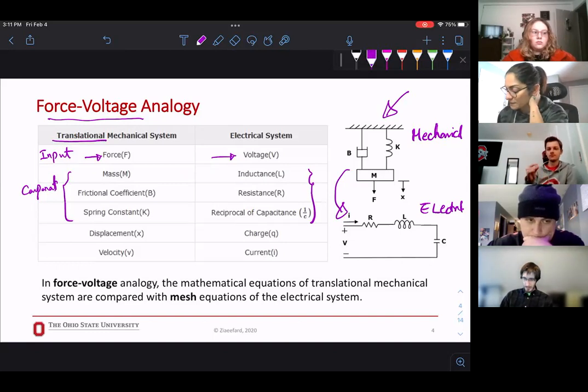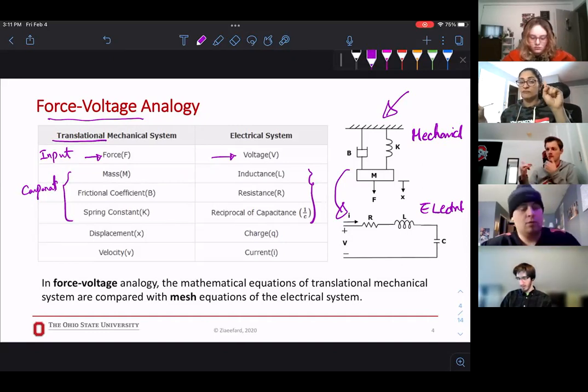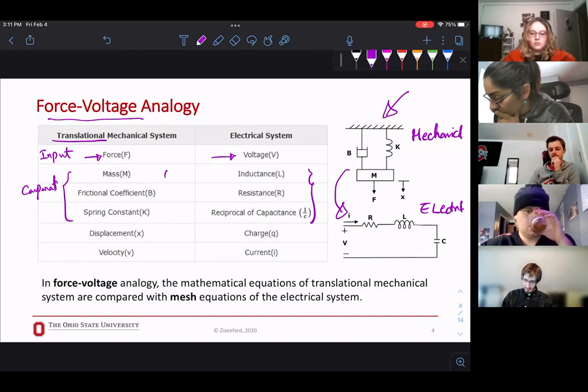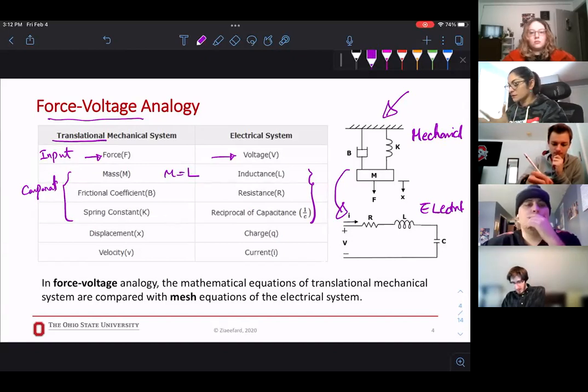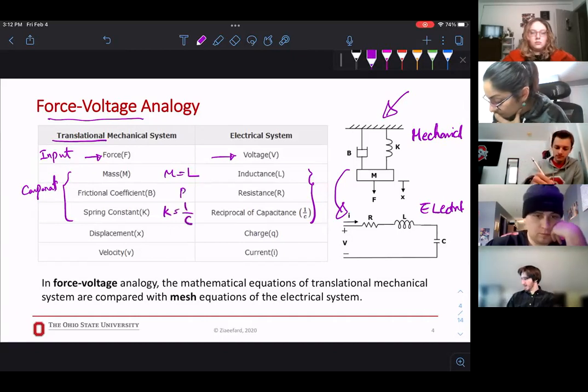And your spring constant K is 1/C, a capacitor. So you have a 1-to-1 relation. For each element in the mechanical system, you will have one in the electrical system. For example, M equal to L. If you were in mechanical, M; in electrical, L. So here K would be 1/C, for example, and B will be R.